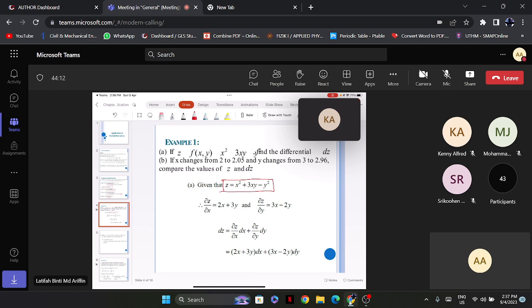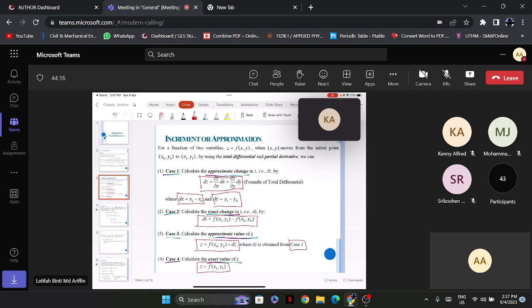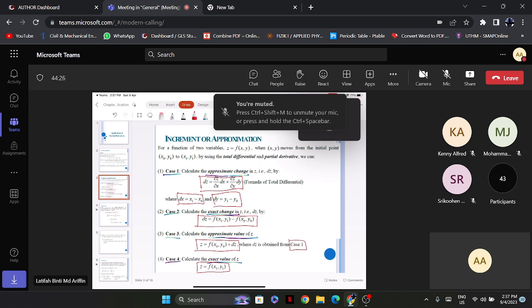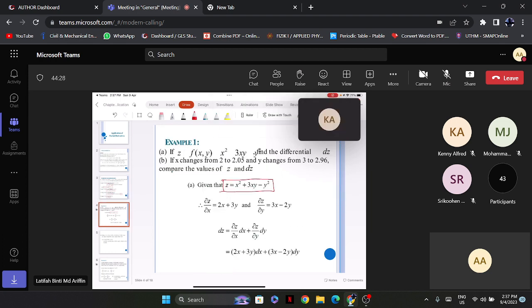So kita nak cari differential dz ni, kita akan refer back to the increment of approximation tadi. So kita akan gunakan formula case yang pertama, iaitu formula of total differential dz equals to del z over del x... Okay, formula ni kita panggil sebagai total differential.